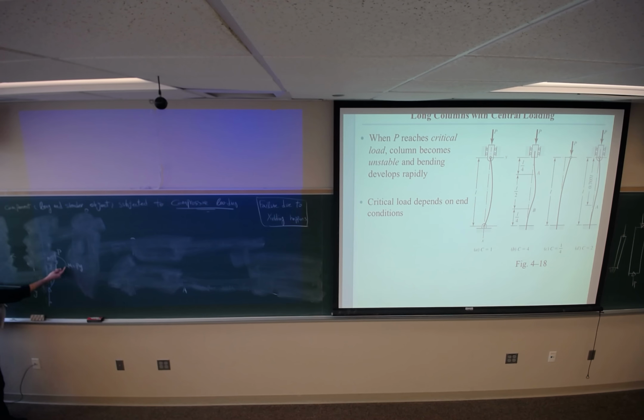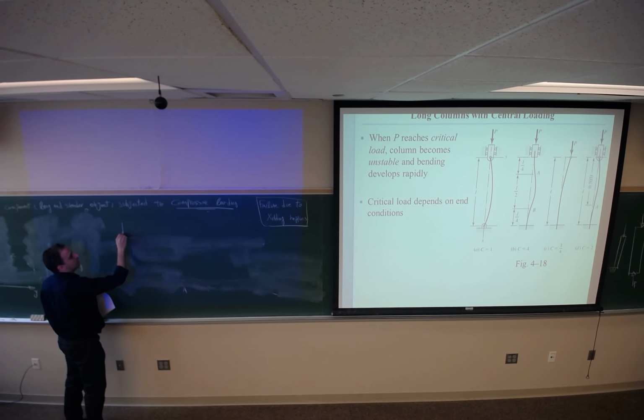So this moment is about the negative Z direction, making my thumb point in the negative direction. So if I want to consider the sign, it's going to be M equals negative P times Y, because this moment is negative.